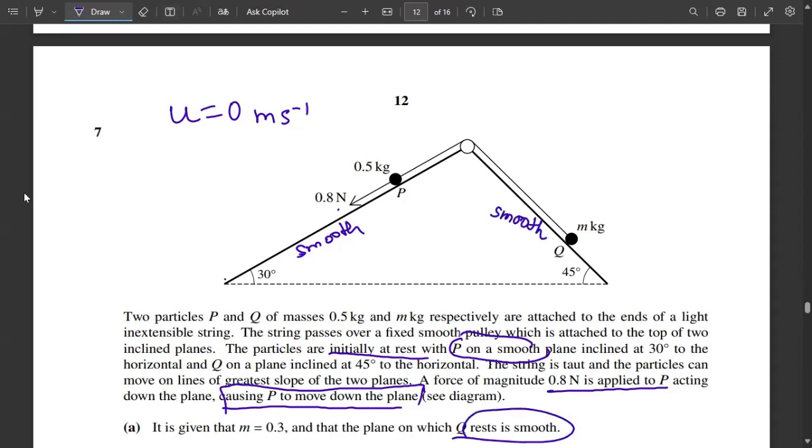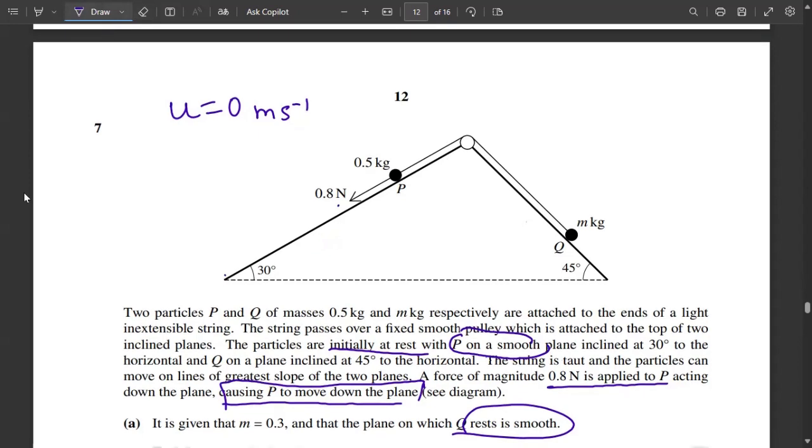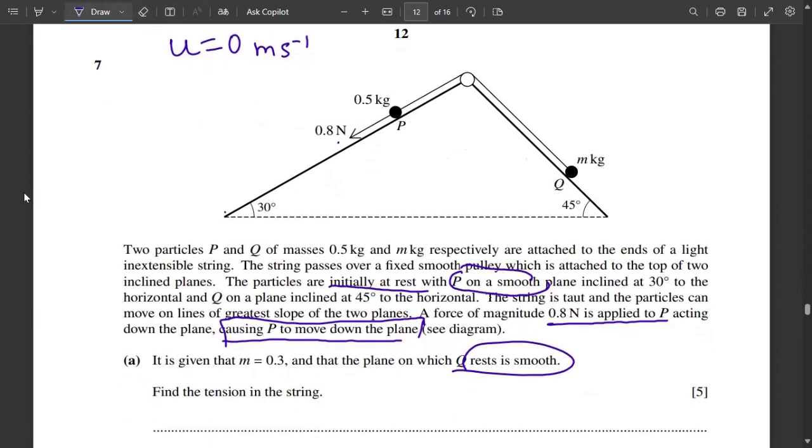So according to this question, this is not about friction. This is just about forces. So there will be no friction, no F R, no coefficient of friction here. And given that m is 0.3 kg, so I can cut this m and write 0.3 kg. Find the tension in the string.